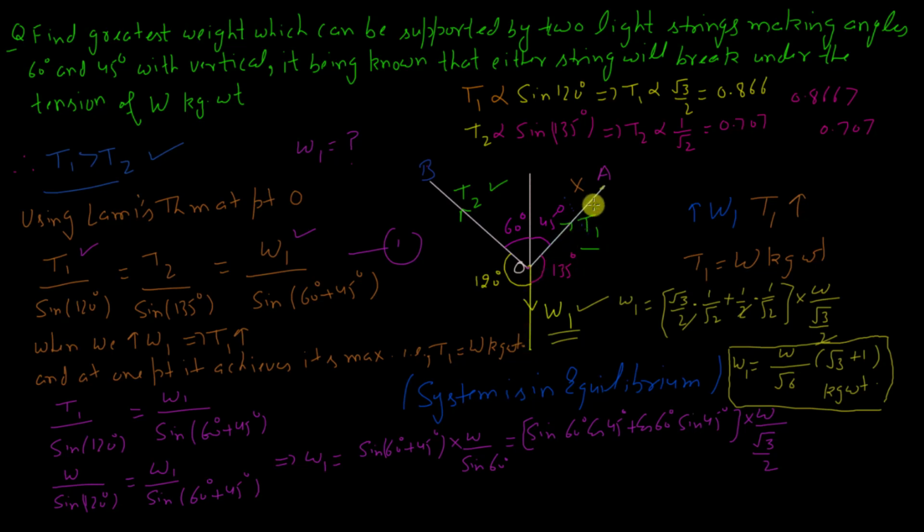So this system will no longer be in equilibrium. So W1 is the maximum weight this whole system can hold, that these two light strings can hold.